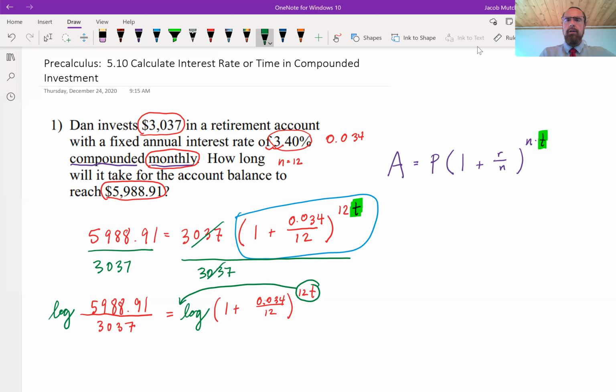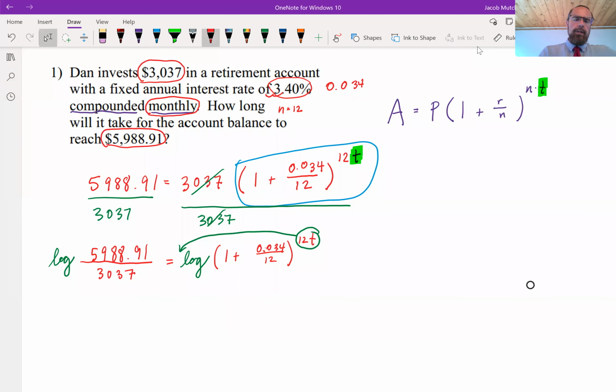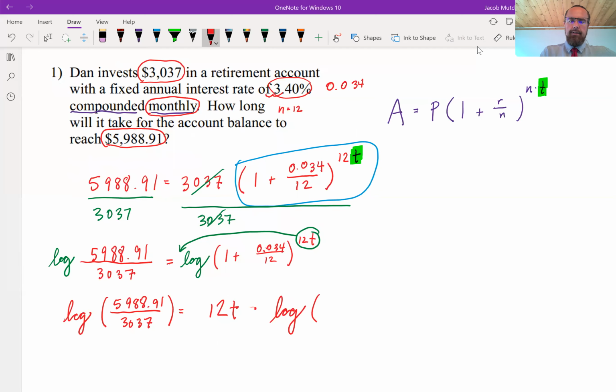And that, using our power property of logarithms, will definitely take place right at that moment. So now what we've got is log base 10 of that fraction of the future value over the principal. And that's going to equal now 12 times time times the logarithm base 10 of 1 plus the interest rate over the n value.